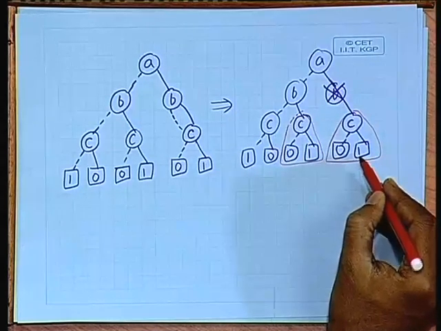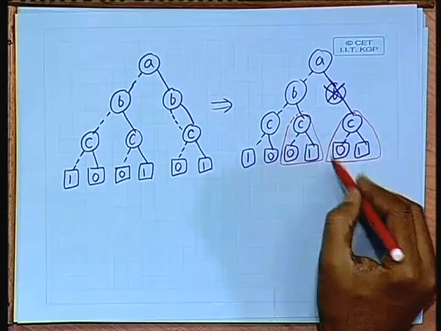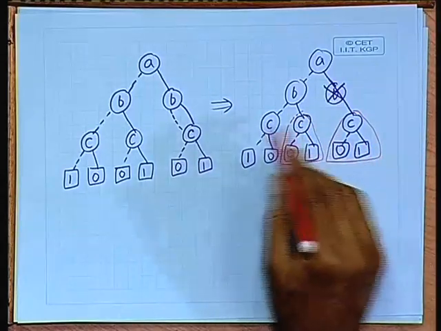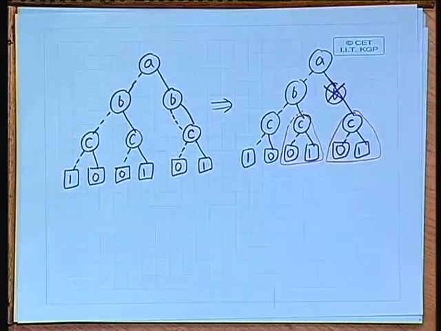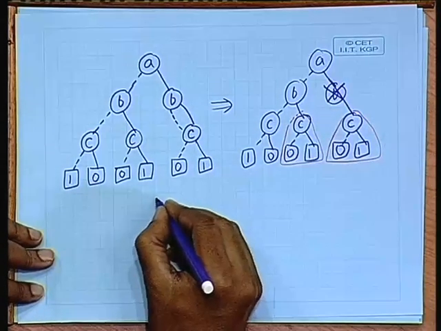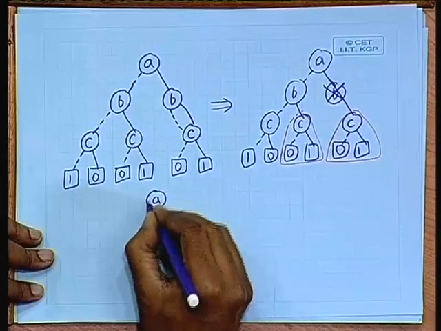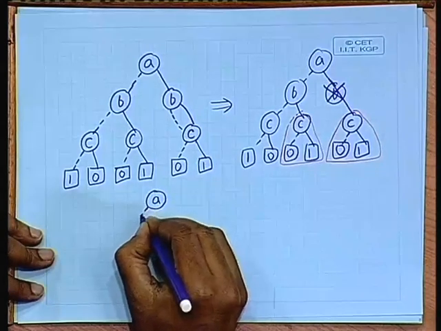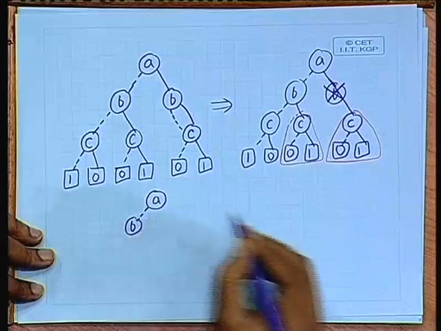So again following the same rule, we would be using only one copy of this and we would be pointing the two edges to there. So after this modification, the graph will look like this.